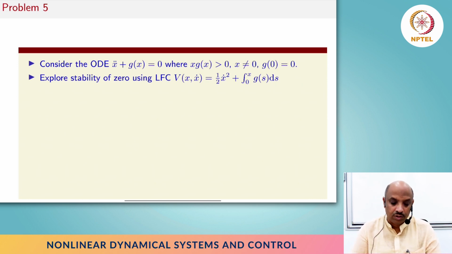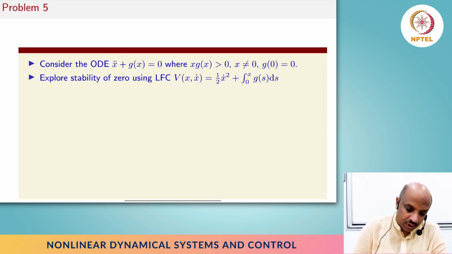So in this particular example, x double dot is equal to g of x, and one can clearly see that (0, 0) is going to be the only equilibrium point. The next question is whether this particular system is Lyapunov stable, asymptotically stable, or globally asymptotically stable, or anything about exponential stability.